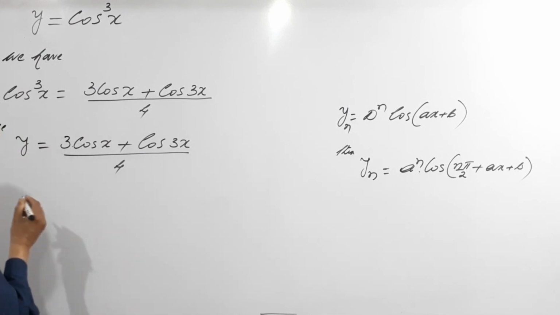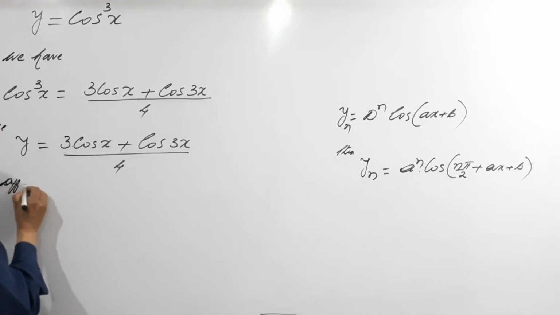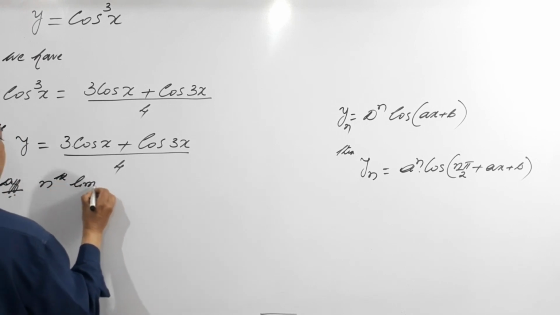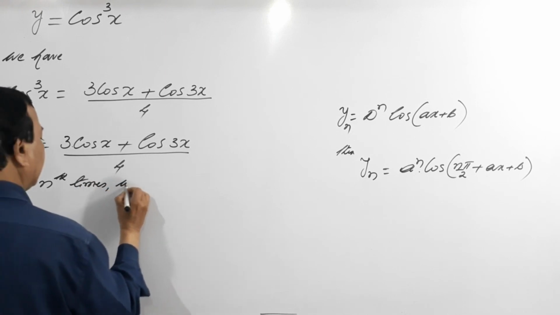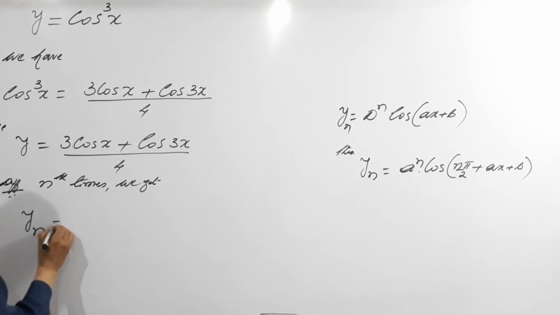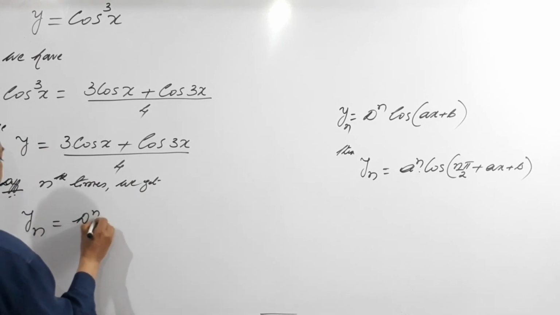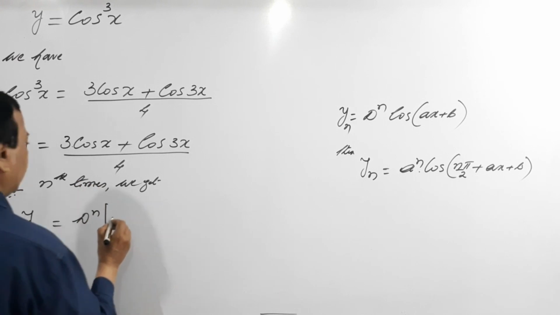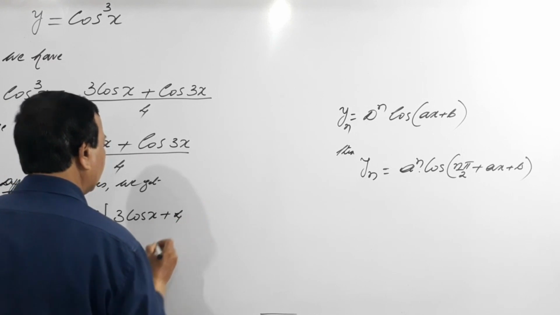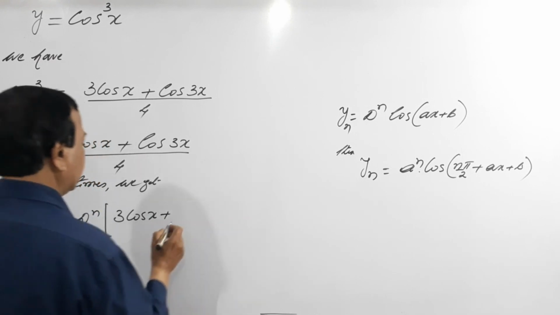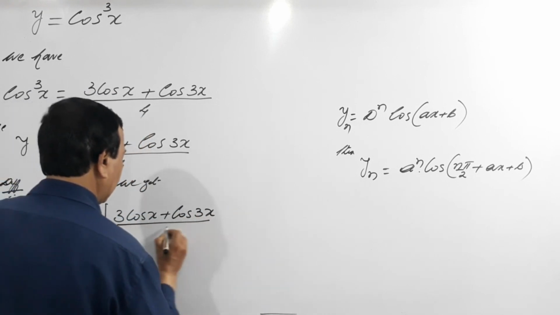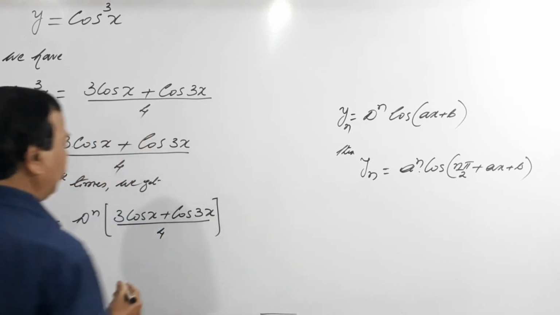Now differentiating nth time, we get yn equals dn of 3 cos x plus cos 3x by 4.